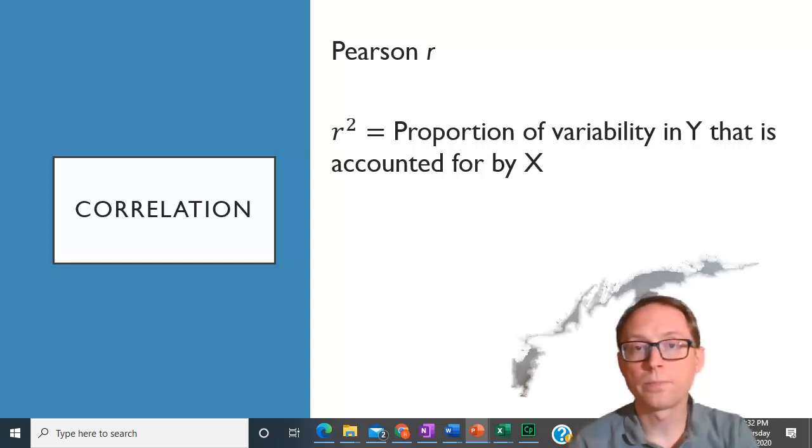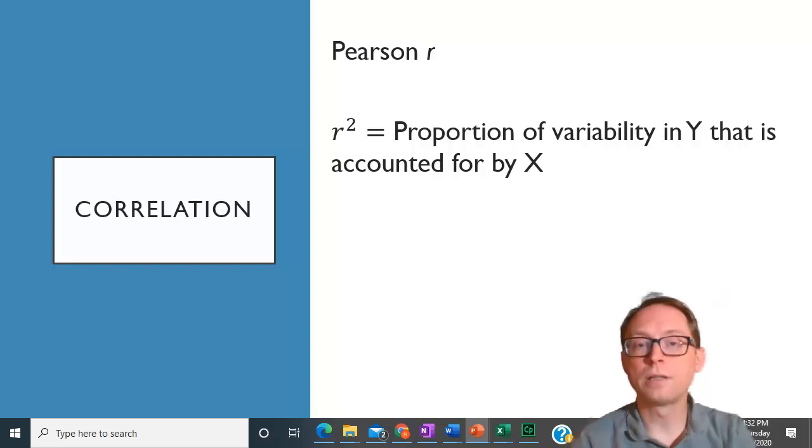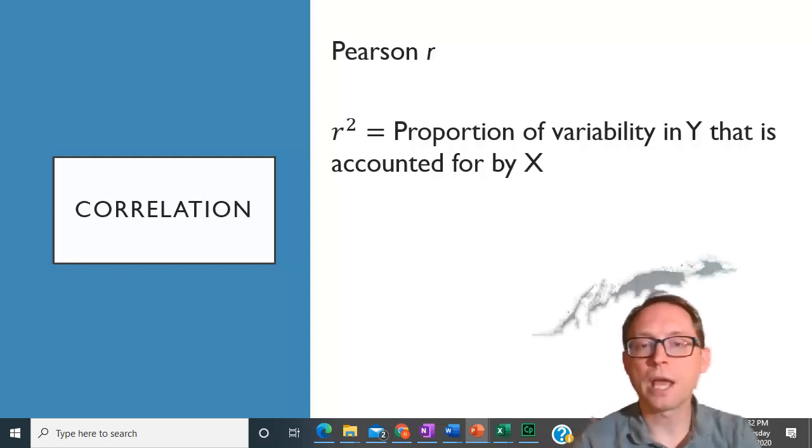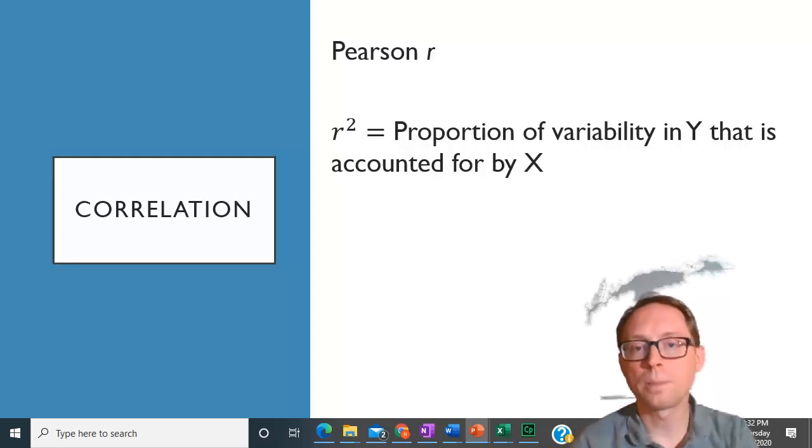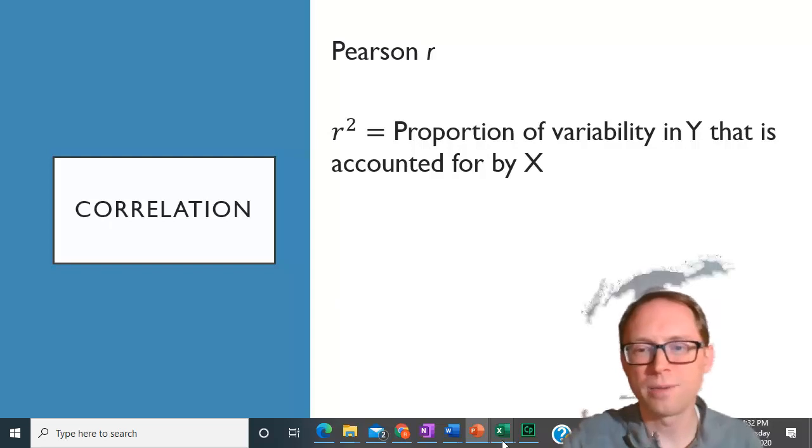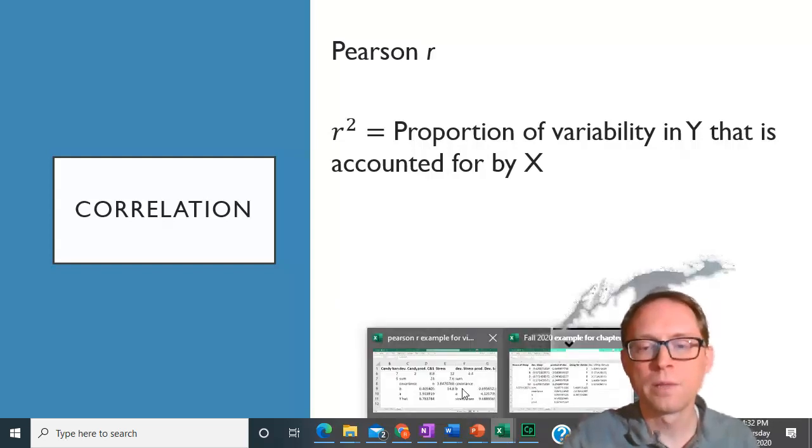It's standardized in z-scores. And so what that allows us to do is it gives us a proportion of variability. So if we square Pearson's R, we get the proportion of variability in y that is accounted for by x. You're like, well, what are you talking about? What does that even mean? Let me just show you what I mean.